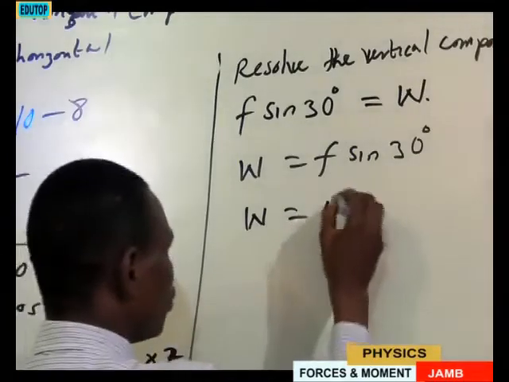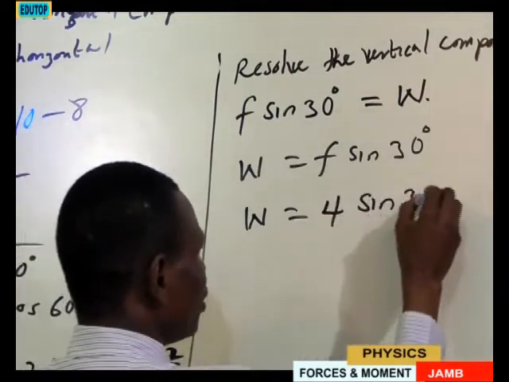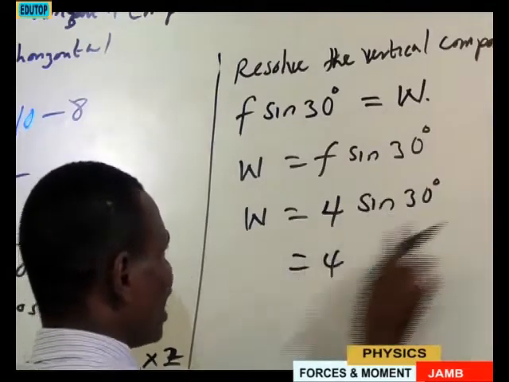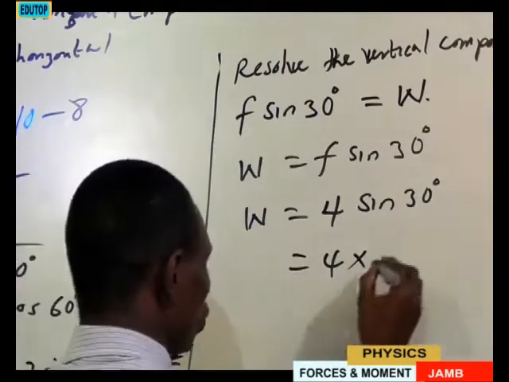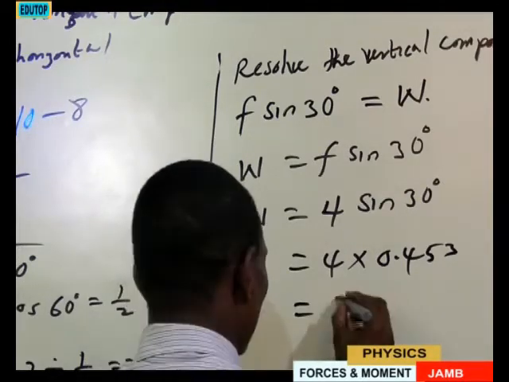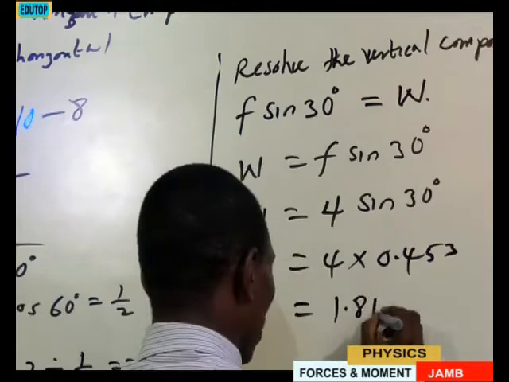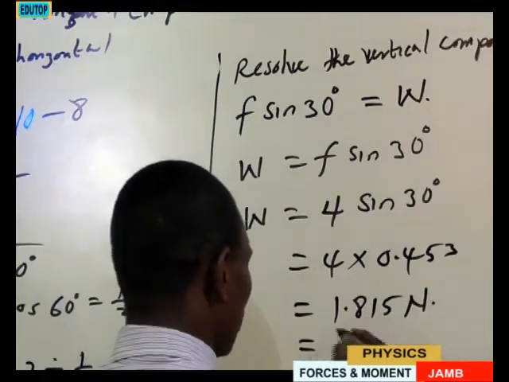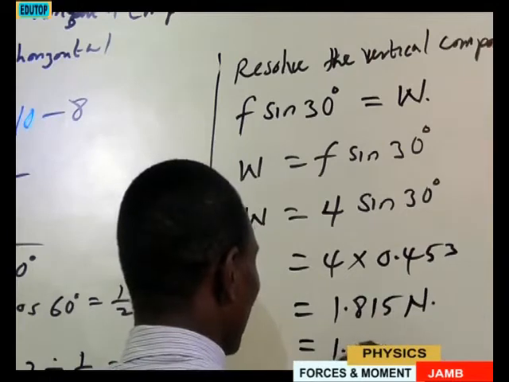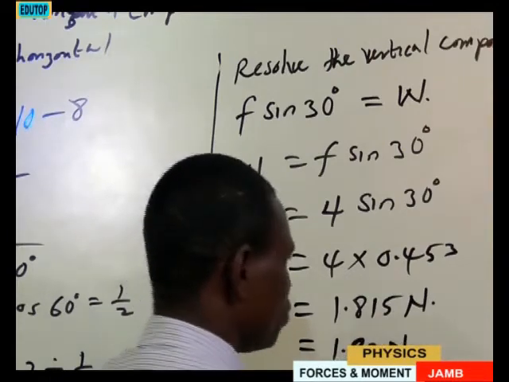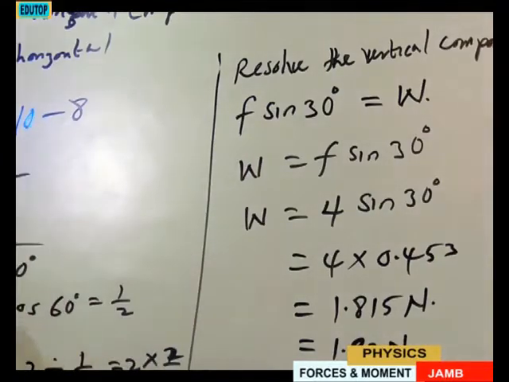Put 4 sine 30 degrees, which is 0.453. Let's multiply that by 4. 1.815 Newton. Approximately, you can have 1.82 Newton. And that's the simple solution to question number 7.